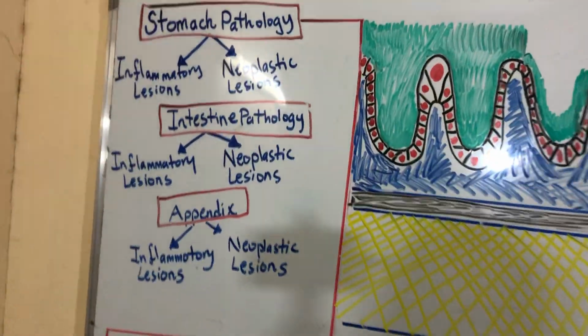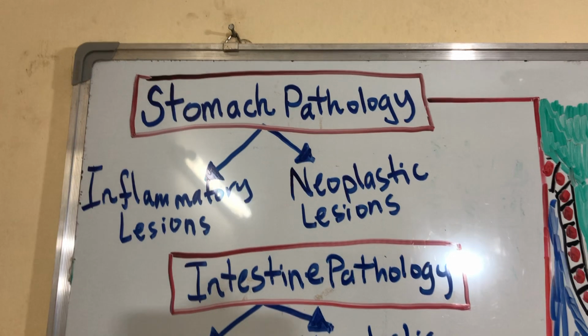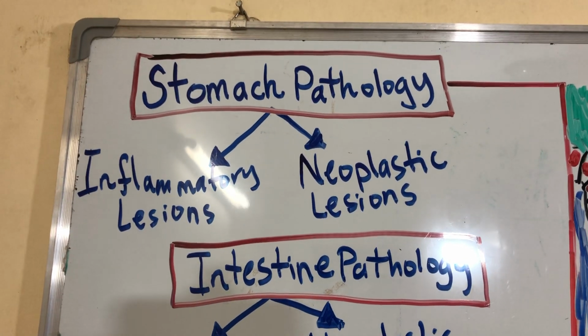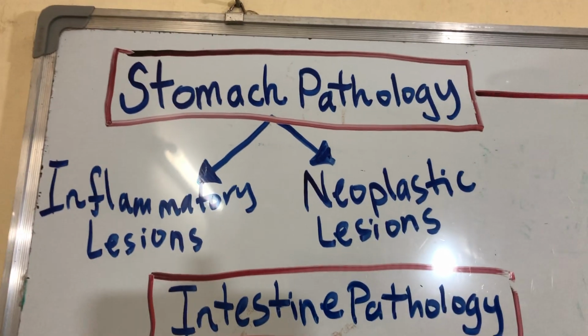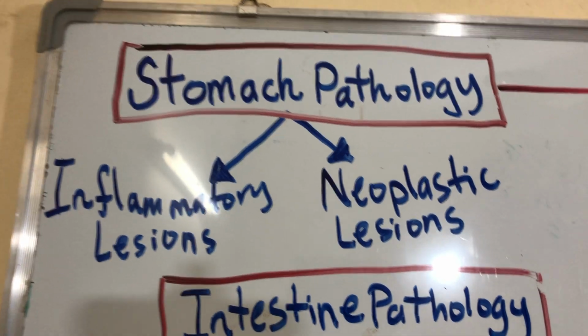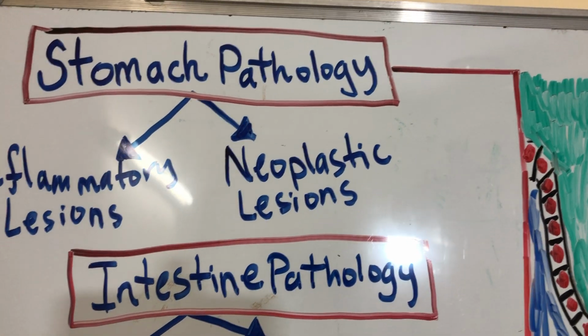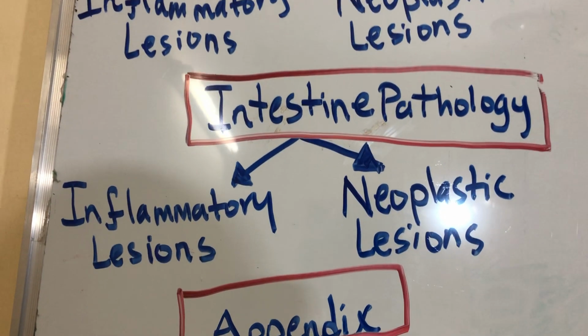Okay, I already talked about how in the stomach our pathologies can be classified into two different factions. Our disease either originates from an inflammatory lesion or originates from a neoplastic lesion. In the intestine, we have the same thing.